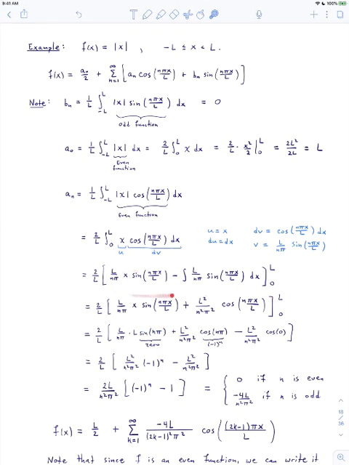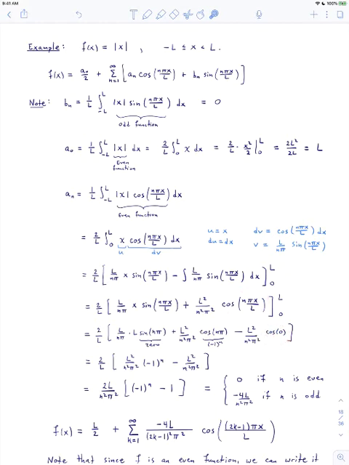Then you get the antiderivative, then you evaluate at the endpoints, compute the difference using the fundamental theorem of calculus. You end up with these terms. Again, you have a sine of n pi, that goes away. You have a cosine of 0, which is 1. There's also a sine of 0 term. So when you plug in the 0, you get 0 times sine of 0. I didn't even bother writing that one down. Here we have a cosine of 0.